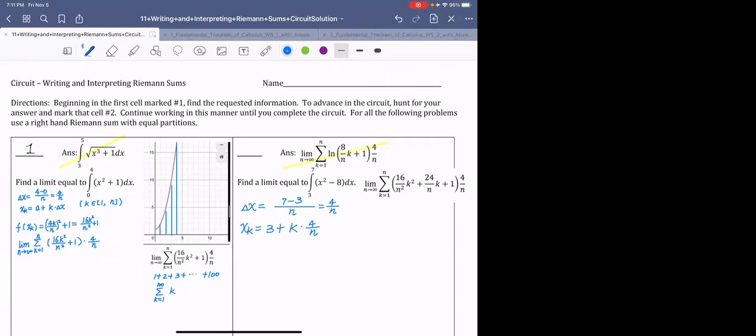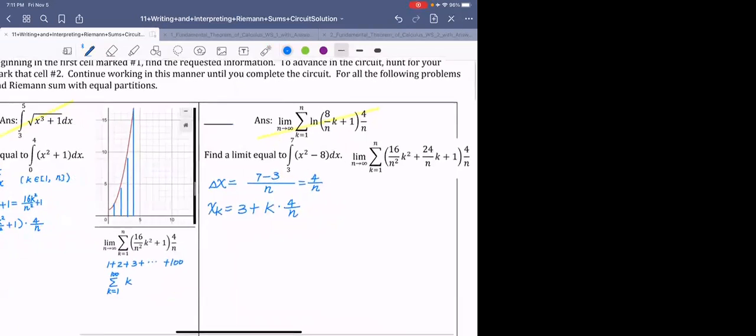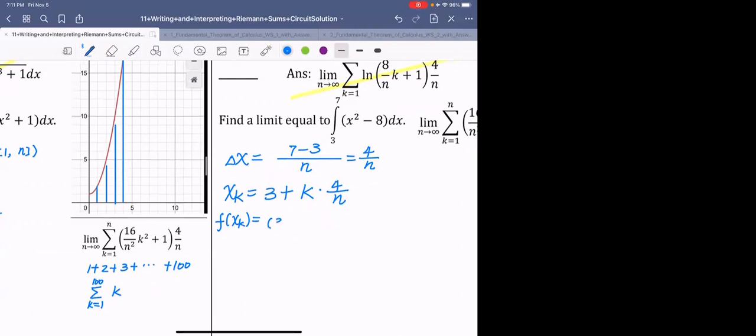Yeah, okay. So next step, what's the function f of xk? The function is x squared minus 8, so we plug this in. That becomes (3 plus k times 4 over n) squared minus 8.